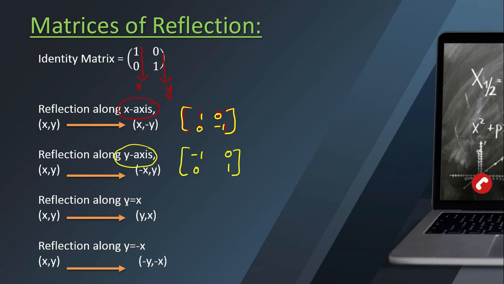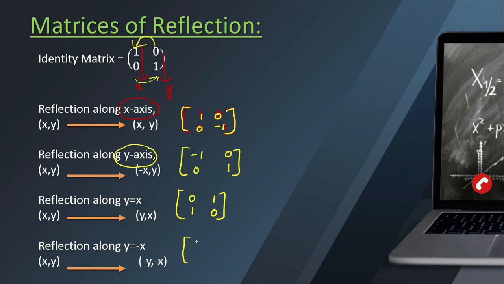Then when we have the y is equal to x line, x and y will interchange. So this will become x and this will become y. So the matrix will be 0, 1, 1, 0. Then in the last case, when we have y is equal to negative x, not only will we interchange, but we will write a negative sign with both also.